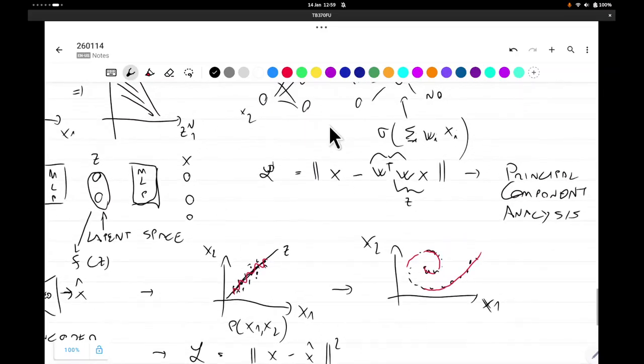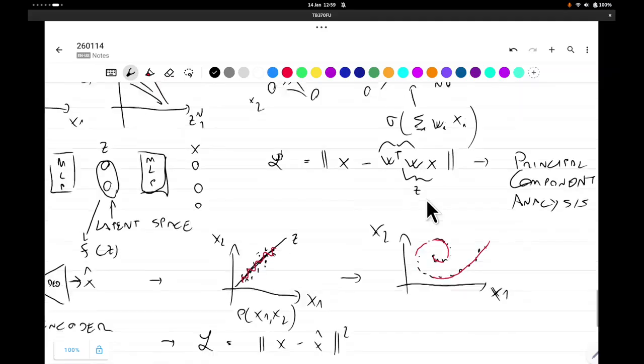In linear PCA, not evident from this, but out of many possible representations, the principal component analysis is the one that preserves the variance of the initial data, right? So it's the one that maximizes the reconstructed variance of the initial data.